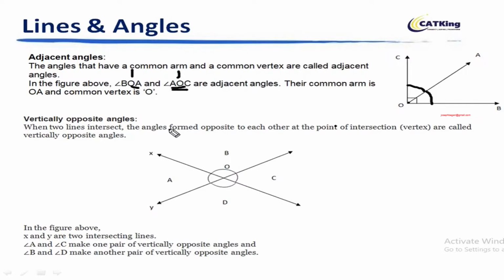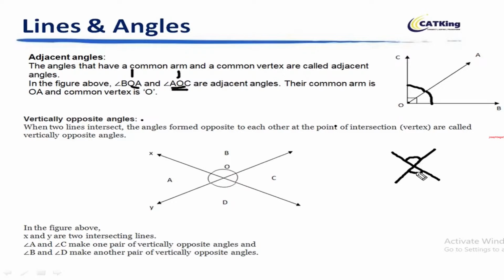Okay. So what is a vertically opposite angle? Vertically opposite angles are formed when two lines intersect each other. When two lines intersect each other, they form this kind of figure. You can also see it here. When I say this angle, the vertically opposite angle of this angle is this one.